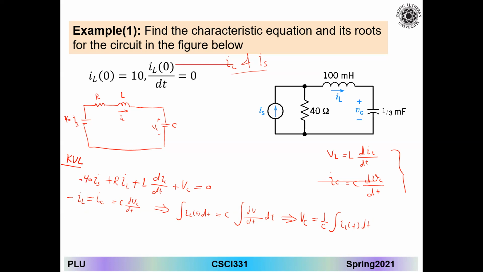Now let's write down our first derivative equation, the one we started with. I'm gonna move 40 IS to the second part. So I end up with R times IL plus L dIL divided by dt plus 1 over C integral IL of t dt.